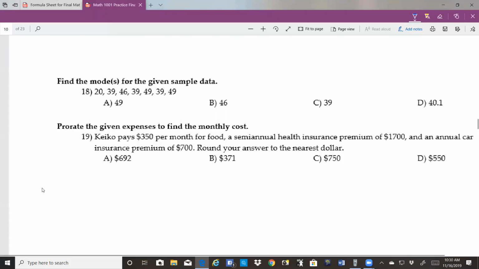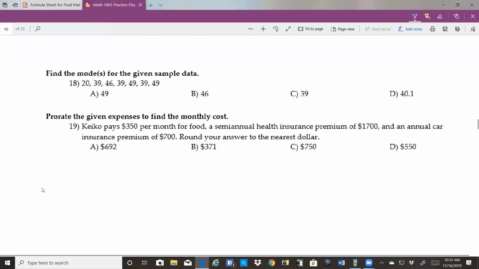Find the mode for the given sample data. Well, here again, we have just a few samples, so it's fairly easy to find the mode. Be careful to count everything up.